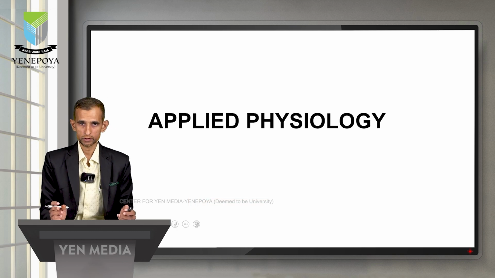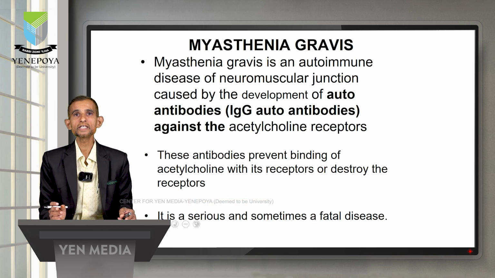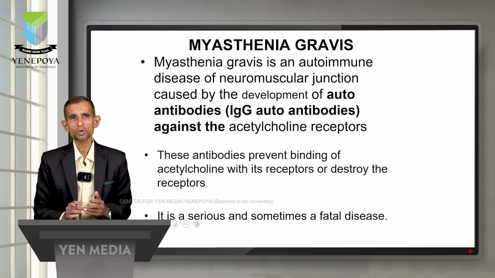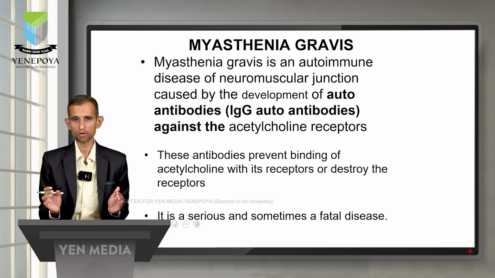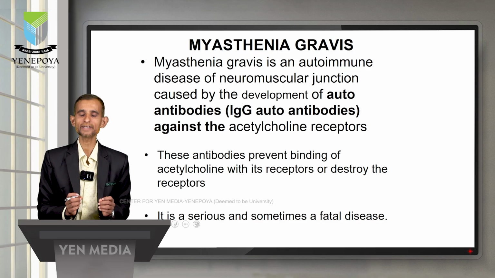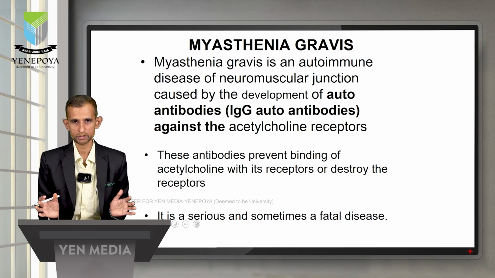Now, applied physiology. Myasthenia gravis. What is myasthenia gravis? It is nothing but an autoimmune disease of the neuromuscular junction. It produces autoantibodies, that is immunoglobulin autoantibodies against the acetylcholine receptors.